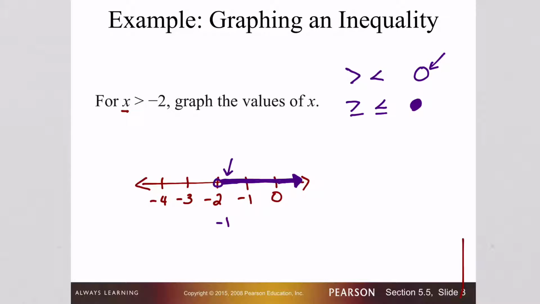So -1.99999, that's greater than -2, and I want to include that. A lot of people's misconception is that we're only dealing with whole numbers here, but we're actually dealing with all of those little fractions or decimals in between.